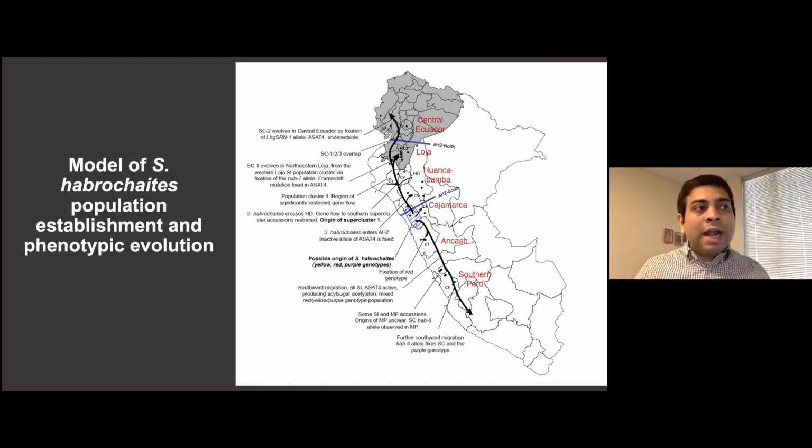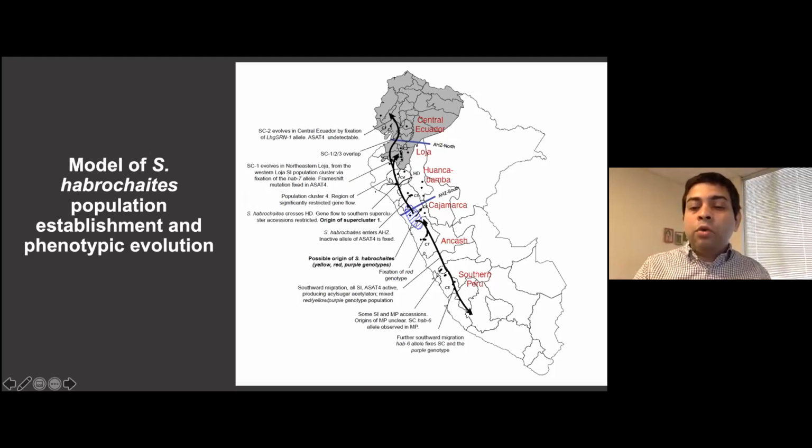So based on our RAD-seq data, as well as the self-compatibility definitions and the acylsugar phenotypes, we were able to come up with a model for how Solanum habrochaites emerged. This region has been predicted to be the origin of Solanum habrochaites for a long time, and our results confirm that finding.